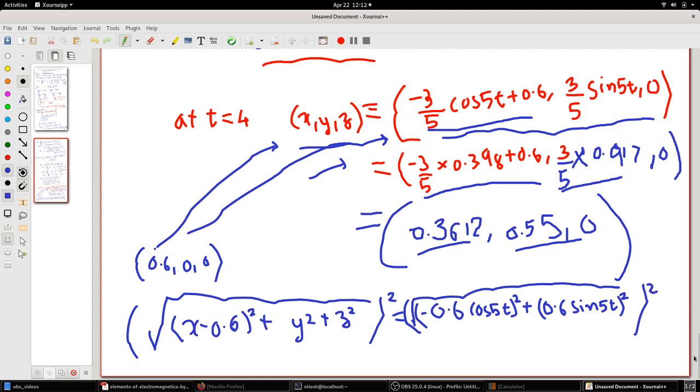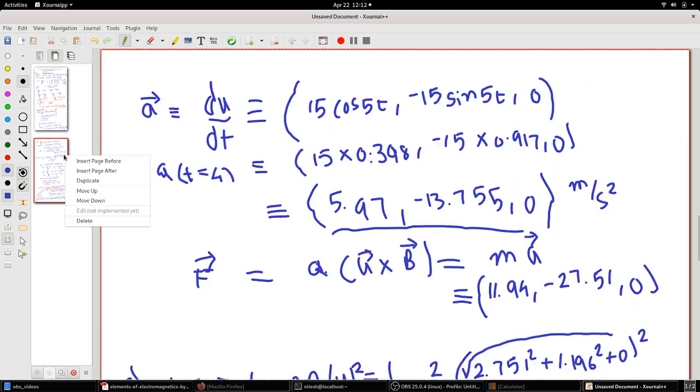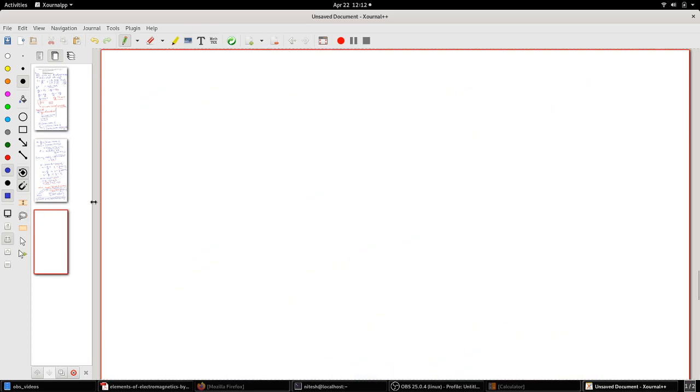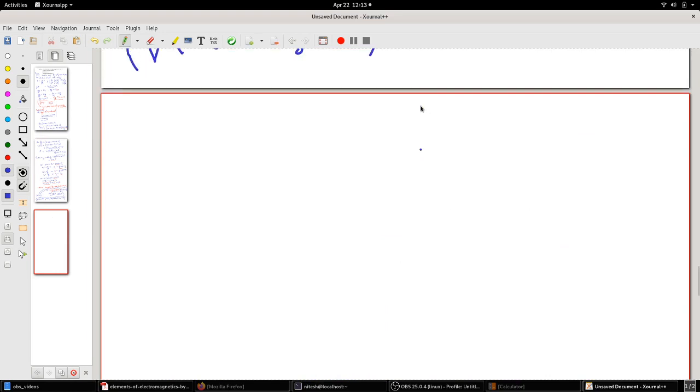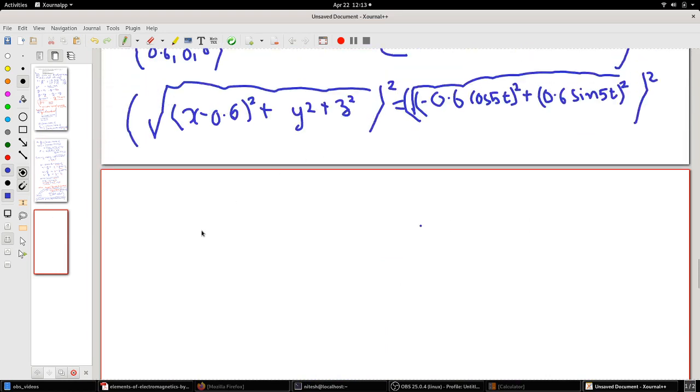So now what will happen is I will get x minus 0.6, the whole square, plus y square.